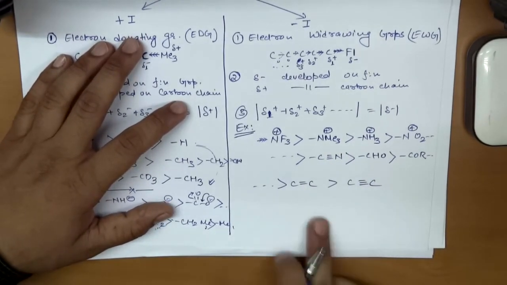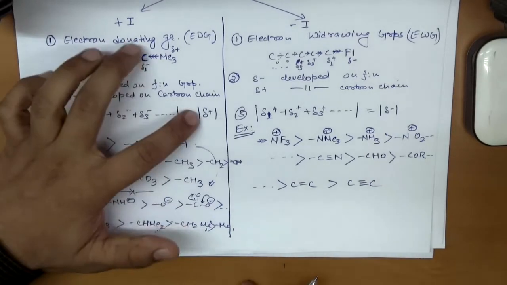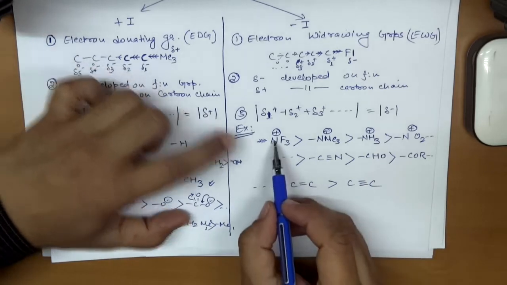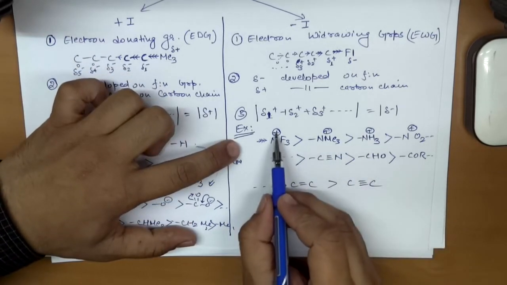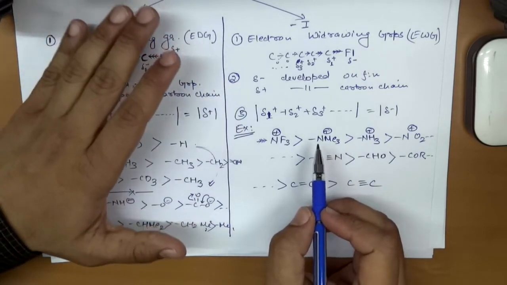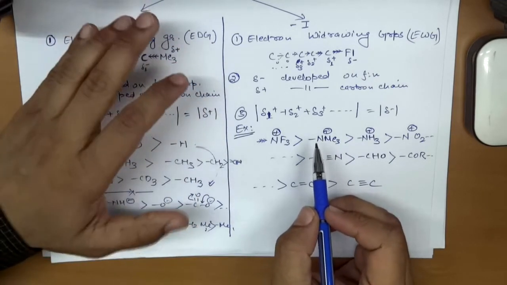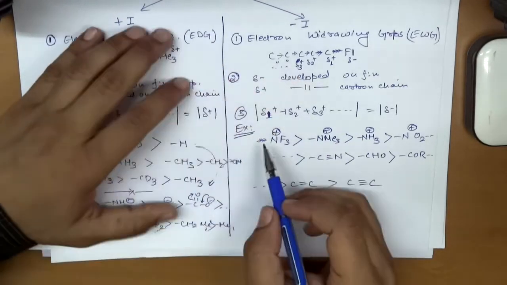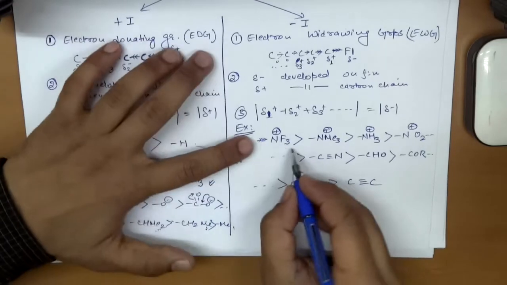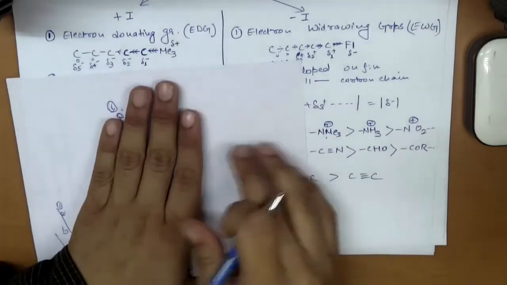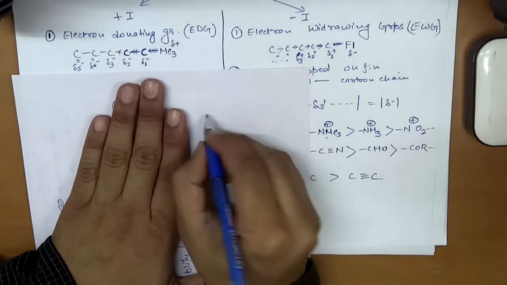Now let us compare all these compounds with satisfactory explanations. As I have told you earlier, nitrogen hates positive charge, and positive charge on it is disastrous. So all it wants to do is take the electrons from the carbon chain. Now let us look at this.